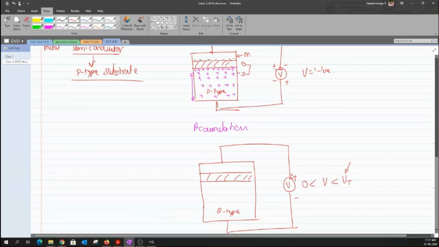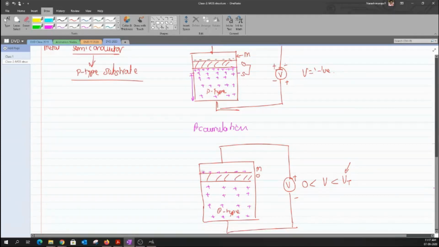Now, this positive potential will translate some of the positive charges onto this particular metal, and those positive charges would then land on the surface between the metal and the oxide. Now what happens here? Because we know that in p-type the majority carriers are holes, and again from Newton's law, like charges will always try to repel each other.